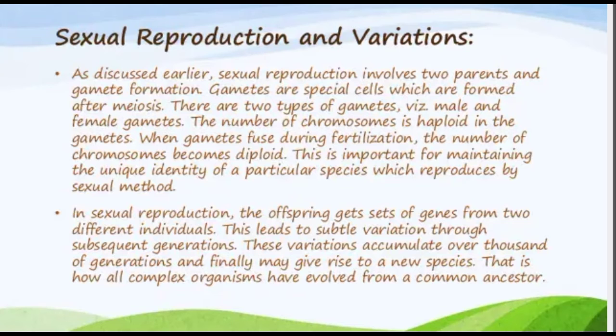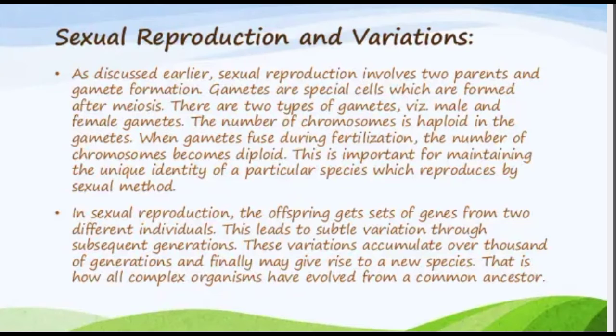The male organism forms male gametes known as sperm, and the female produces female gametes known as ova or ovum. The union of male and female gametes results in the formation of a zygote, and this zygote further develops and grows into a new individual.